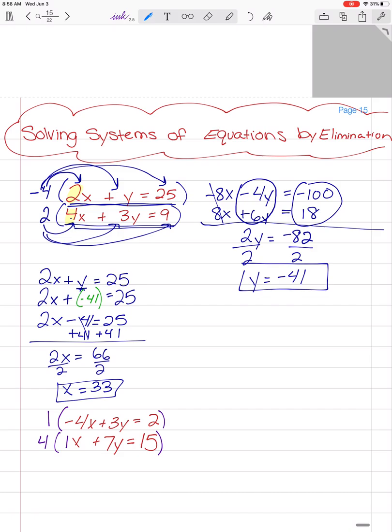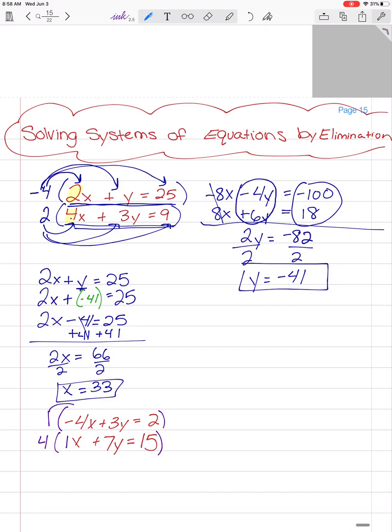Now, we have on the inside two numbers with different signs. So if the signs on the inside are different, the signs on the outside must be the same. So I have a positive 1 on the outside and a positive 4 on the outside. So I'm in good shape. Again, if the signs on the inside are different, the signs on the outside are the same.